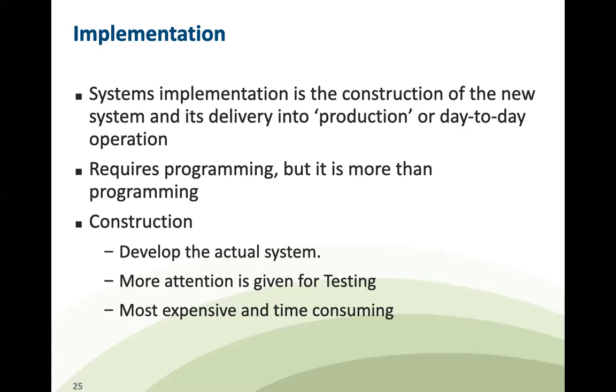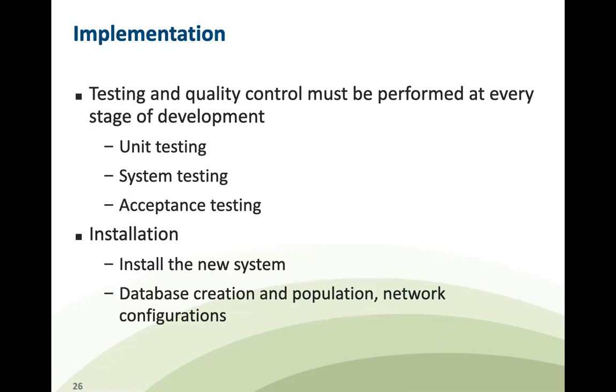The actual system is developed, and more attention is given to testing. As I told you, testing should be conducted before actually implementing this in your real system. This is the most expensive and time-consuming task because this is the actual construction of the system. Testing and quality control must be performed at every stage of development.